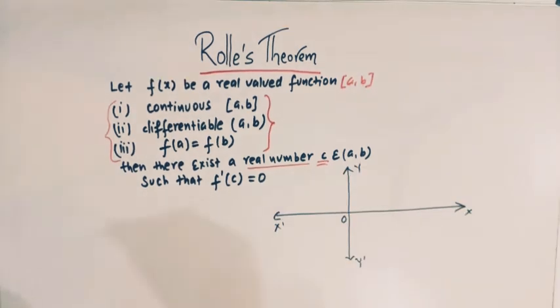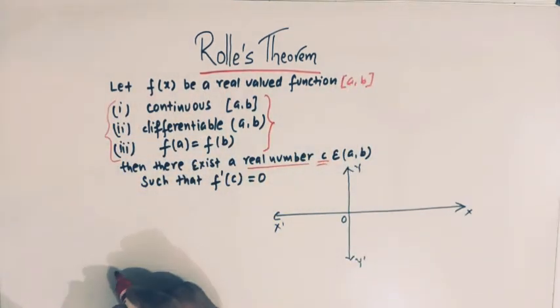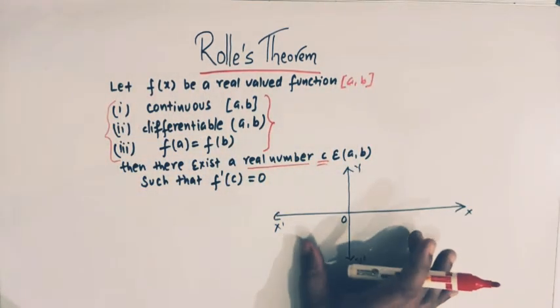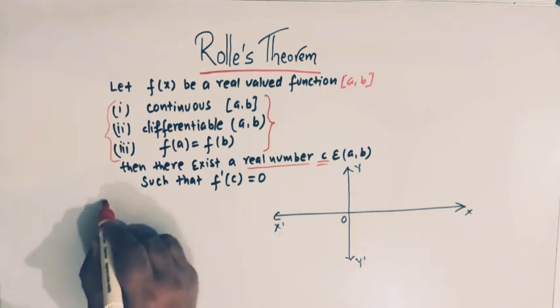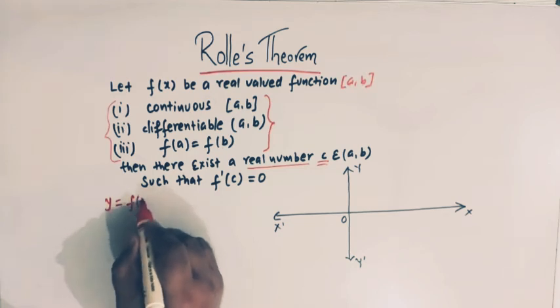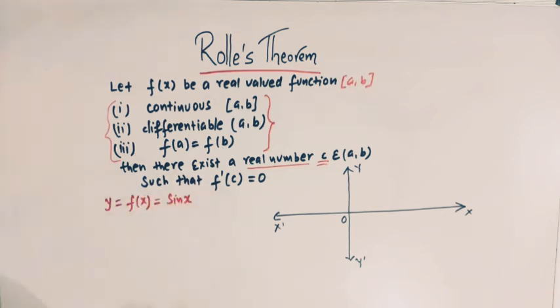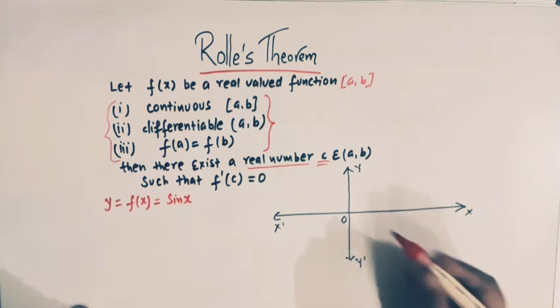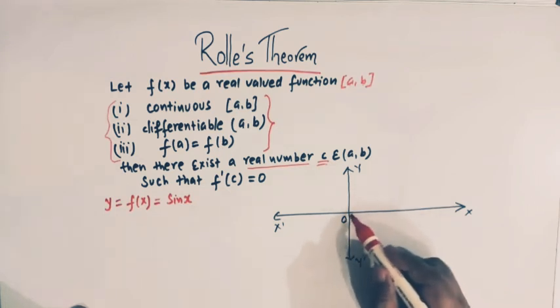Now to explain Rolle's theorem, let us take the example of the sine function. Suppose we have the function y = f(x) = sin x. Let us draw the graph of the sine function.